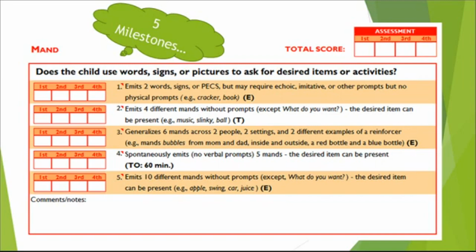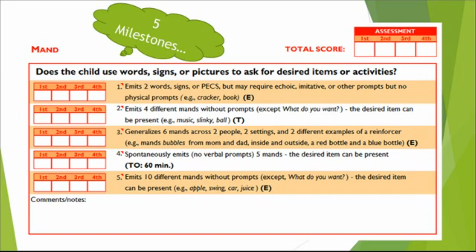The very first milestone, as Sundberg sees it, is that the child emits 2 mands with word, sign or pictures, but they may require a quick imitation or other prompts, but no physical prompts.